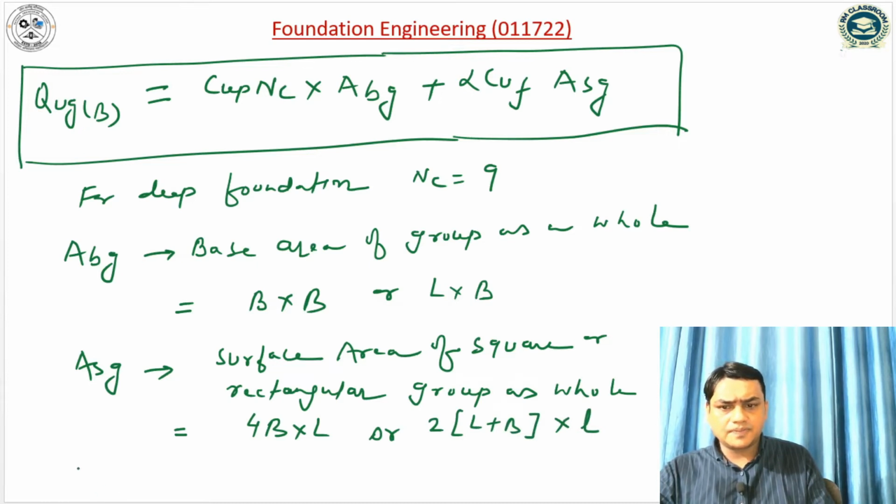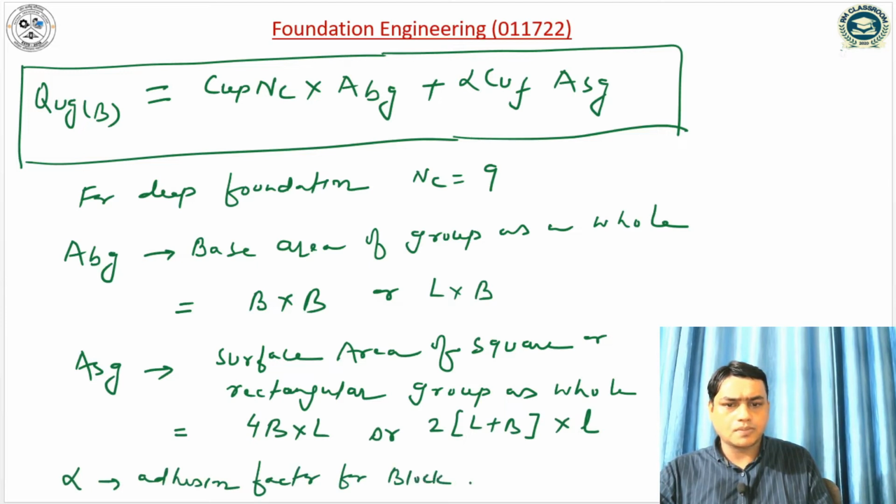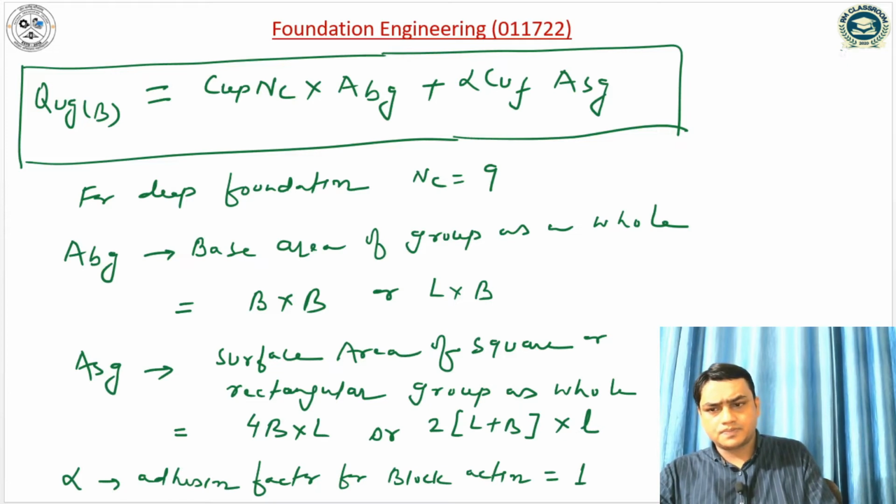Alpha is the adhesion factor for block action, and for block failure it is taken as unity if it is not given. In case of an individual pile, the value of alpha is less than 1.